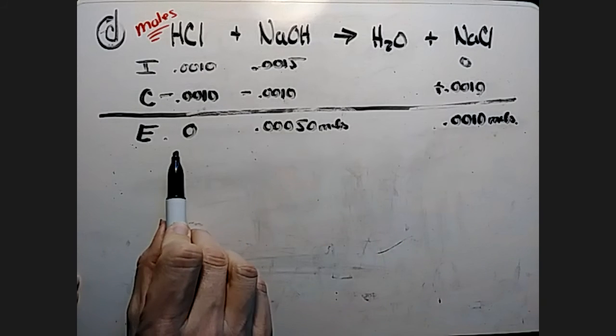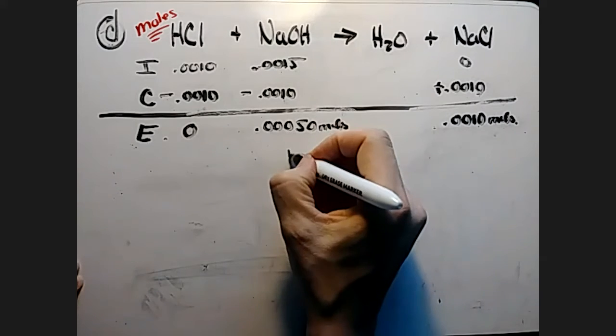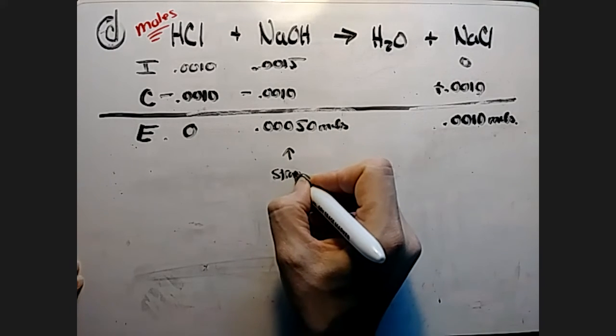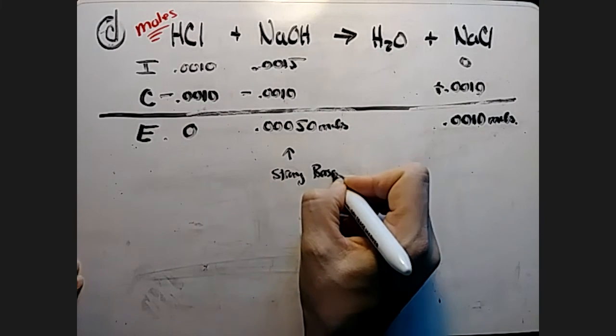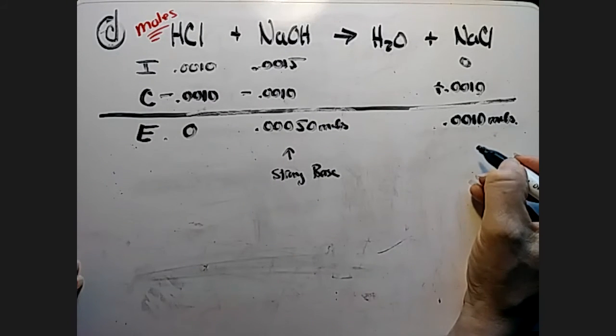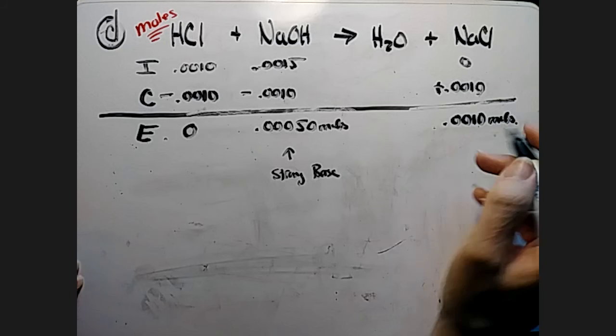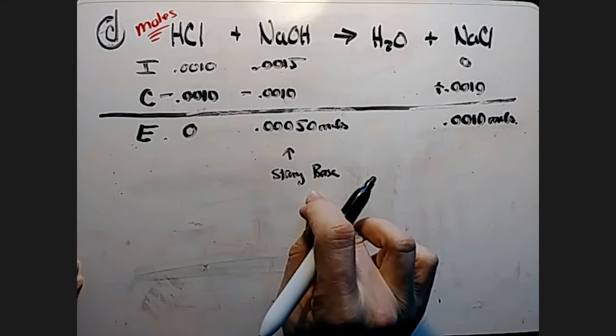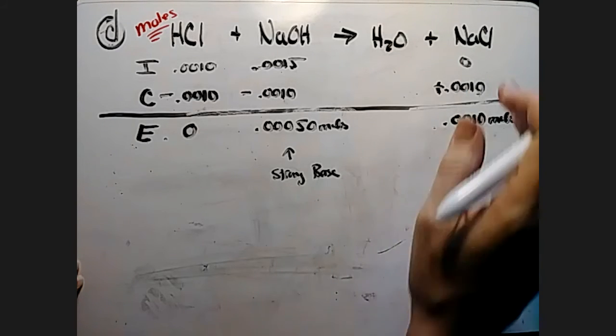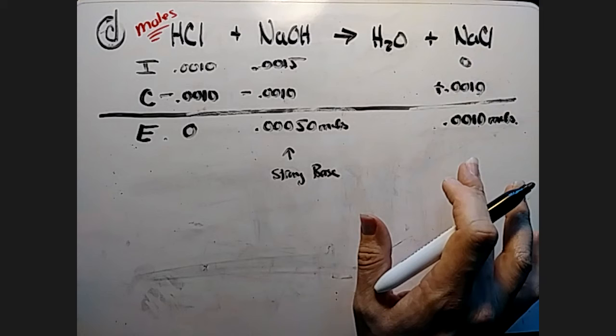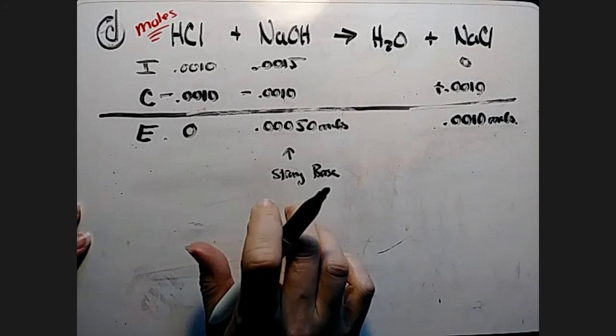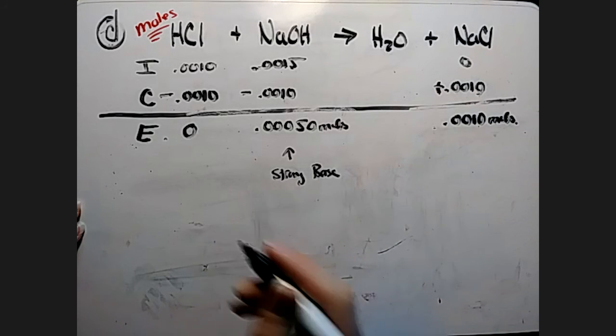No more acid. I do have a strong base. And I have a salt. But we've already talked about the fact that this salt can't make a buffer because this is a strong base. And the salt is very, very stable in water. It doesn't re-react. This is the only particle that's capable of changing the pH.